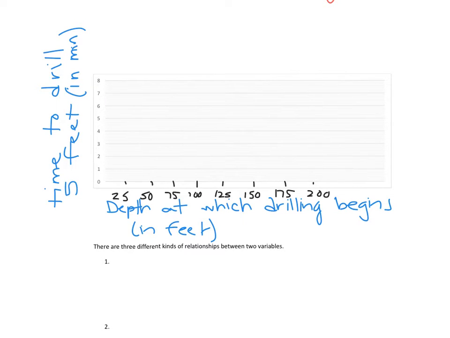All right, and our first ordered pair is 35 and 5.88, maybe something like that. Whoops. And we can just do the best we can.